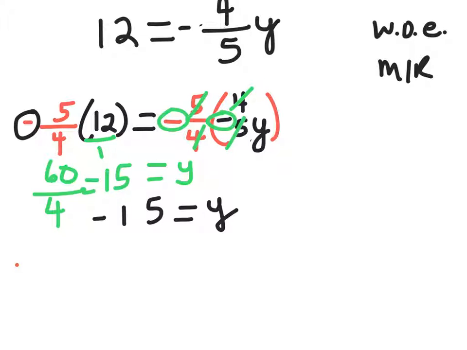You can plug in the negative 15 here, multiply that out, and see if your answer works, and it will. That one ends up with 12 equals 12, because 2 negatives give us a positive 12.